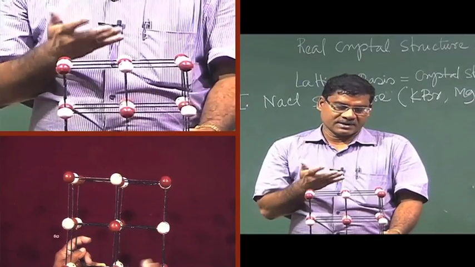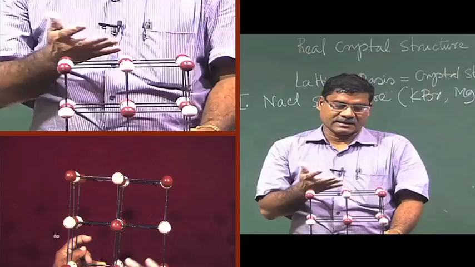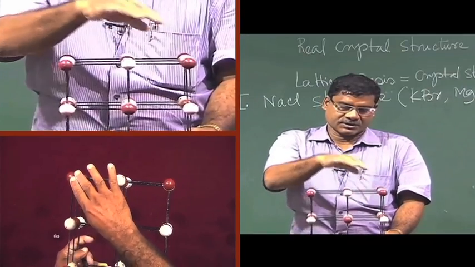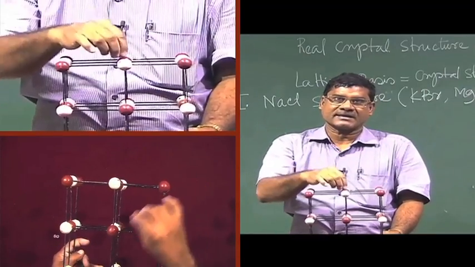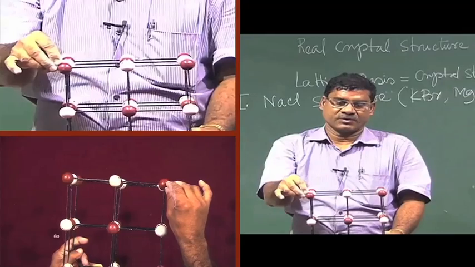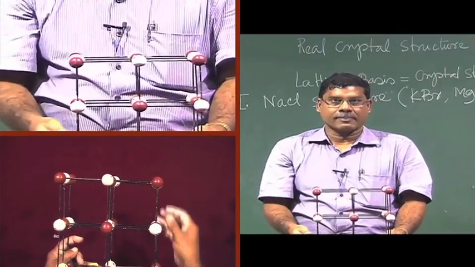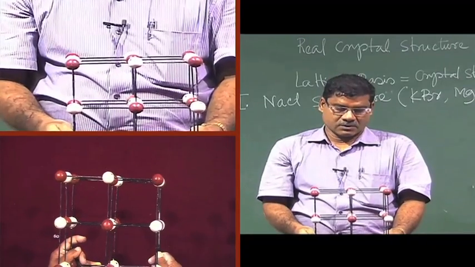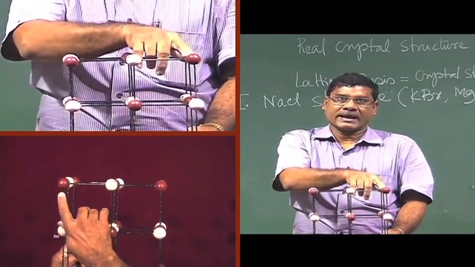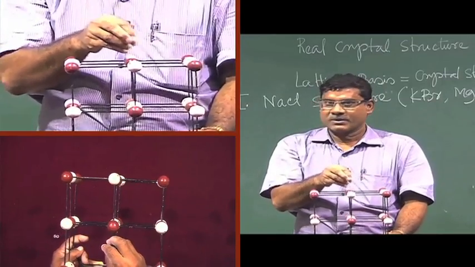If in each lattice point we put the chlorine, the brown color chlorine, then we can add sodium.